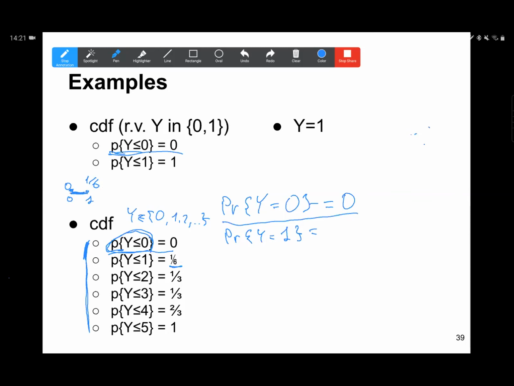So with probability 1/6, it is somewhere in here between 0 and 1. But it cannot be anything strictly between 0 and 1. So with probability 1/6, it has to be equal to 1. Or if you want to write this as a formula, the probability that this random variable is equal to 1 is the difference between the probability that it is smaller or equal to 1 minus the probability that it is smaller or equal to 0, which in our case is, yes, equal to 1/6. This difference is equal to 1/6.